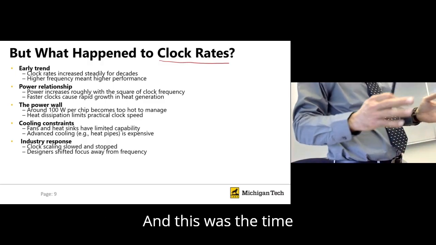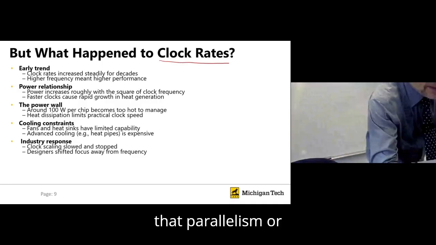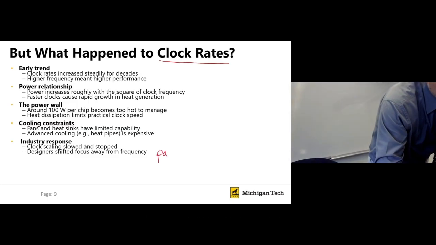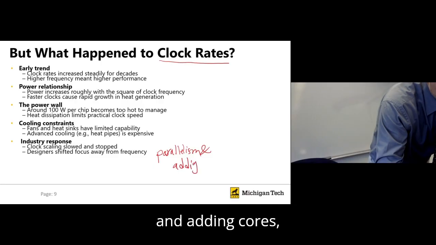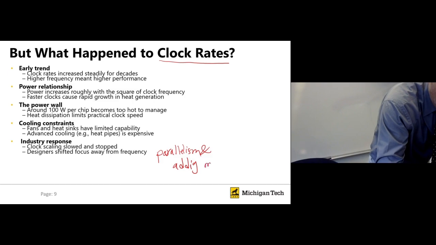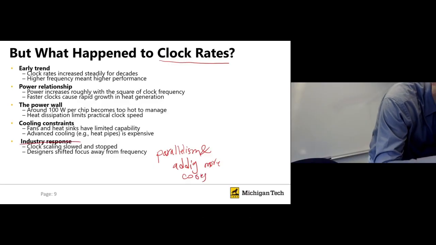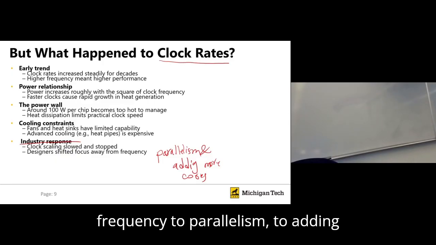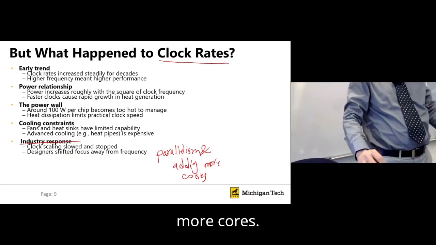This was the time that parallelism, or adding more cores, was actually introduced. That was the industry response. Designers shifted from adding frequency to parallelism, to adding more cores.